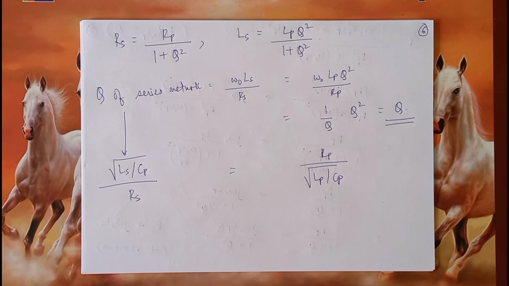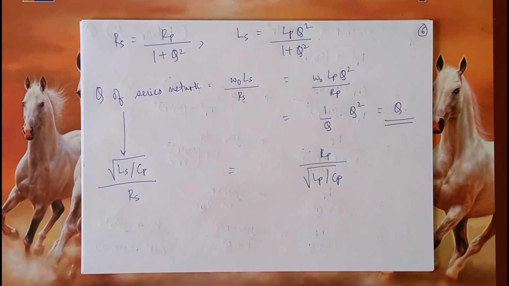And since we are talking of making the series network and the parallel network being able to transform to each other only at resonance, it can be done only at a single frequency, and that is F0 or omega 0.